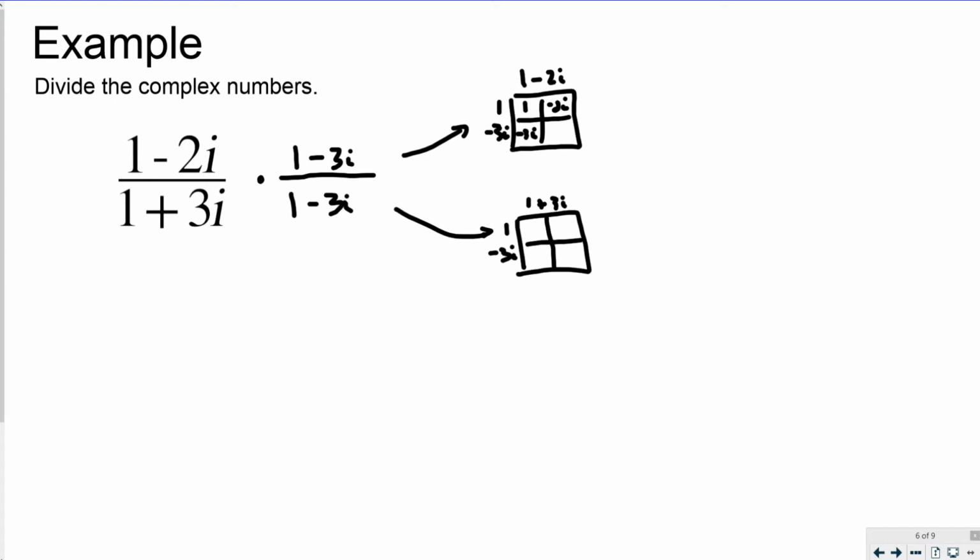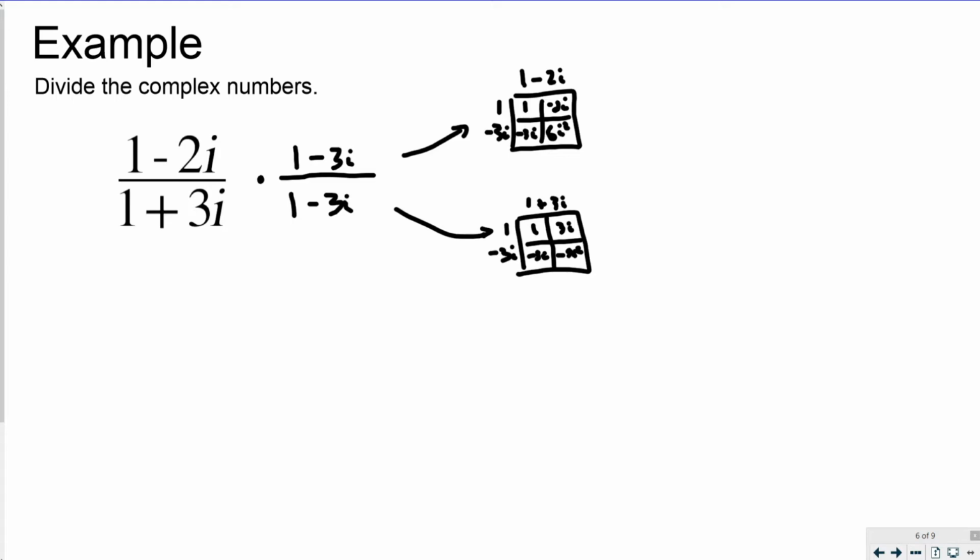And negative 3i times negative 2i is 6i squared. And then here, 1 times 1 is 1. 1 times 3i is 3i. 1 times negative 3i is negative 3i. 3i times negative 3i is negative 9i squared.